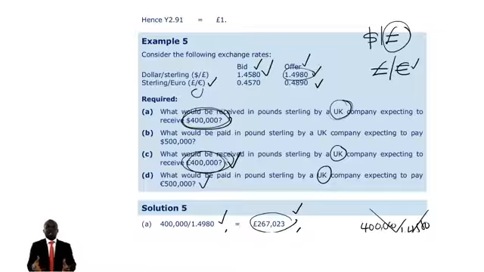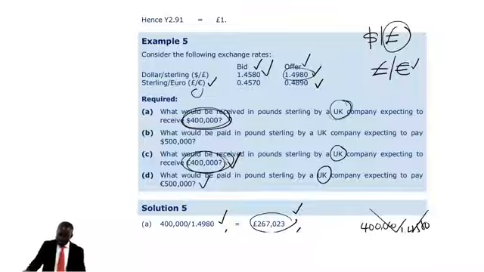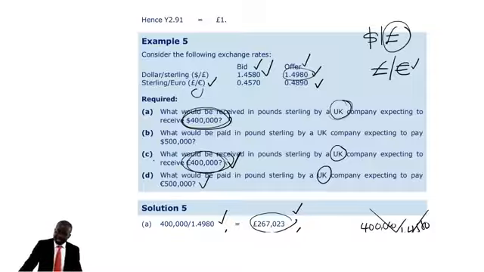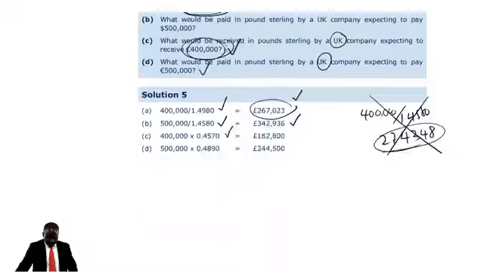If I go there with pounds and I'm demanding euro from him, he will offer me the euro. When he offers me the euro, then I have to use the offer rate. Full stop. So when he's giving you the base currency, offer it. When he's taking the base currency from you, just bid it. So that is basically the case.